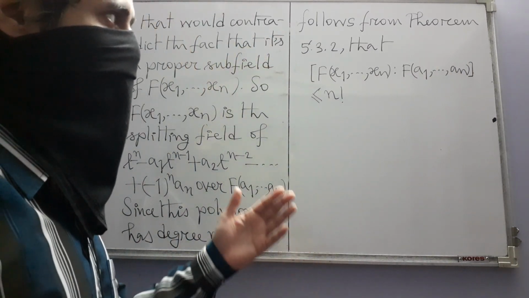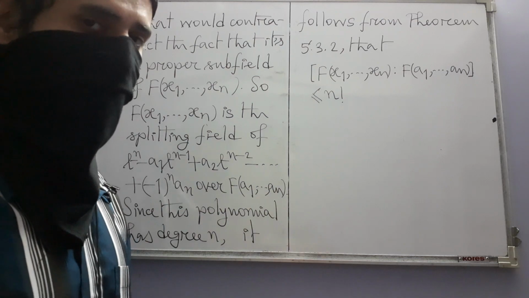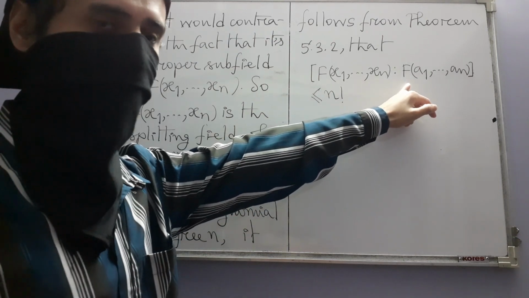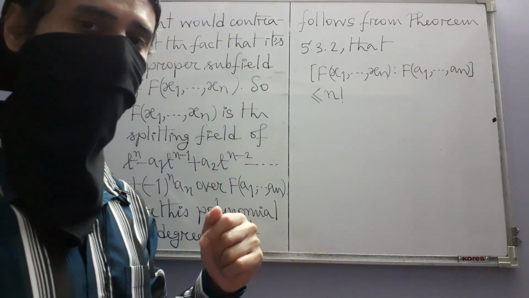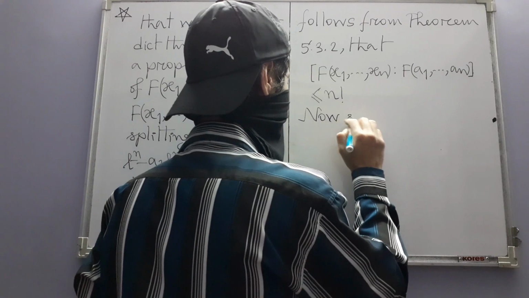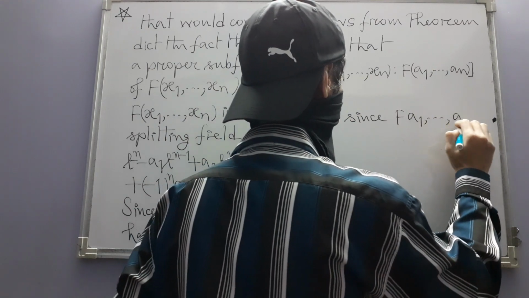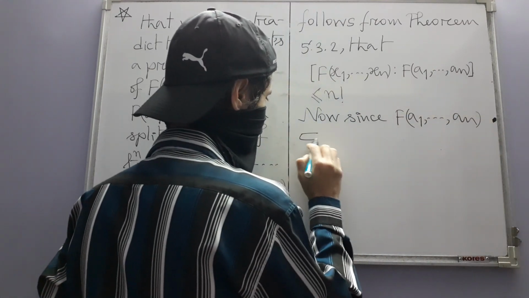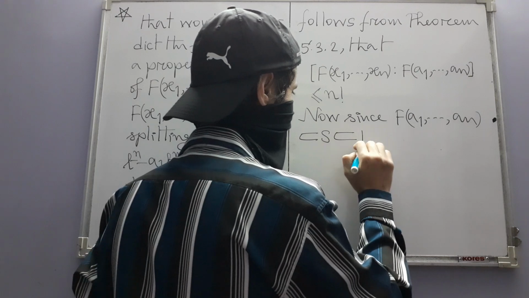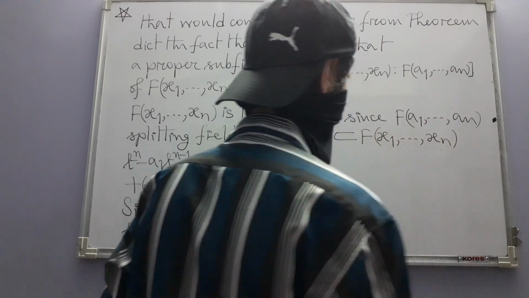Each AI is a symmetric rational function, actually elementary symmetric rational function, but after all of them belong to S, and already S contains F. So that means this field is itself contained in S. Now, since this field is a subfield of S, that means S is an extension of this, and our field of rational functions is an extension of S, because S is a subfield of that.